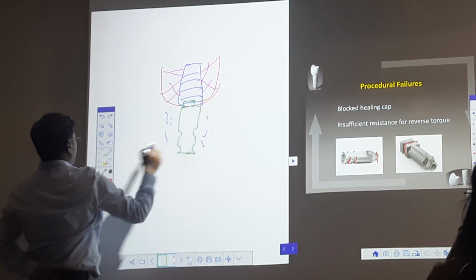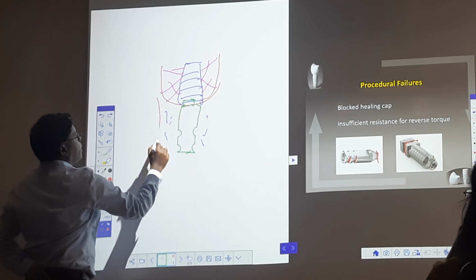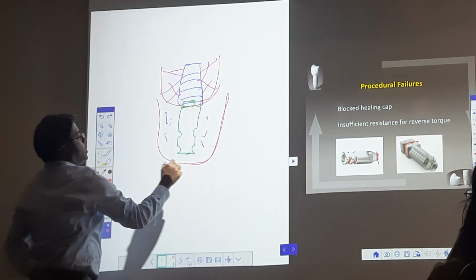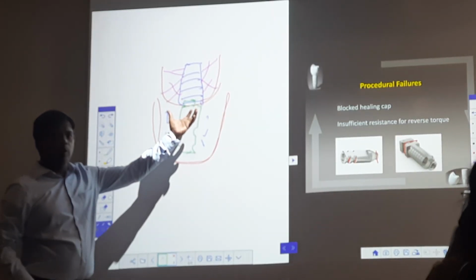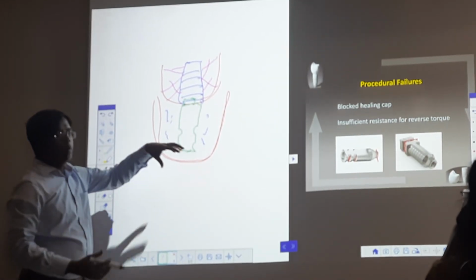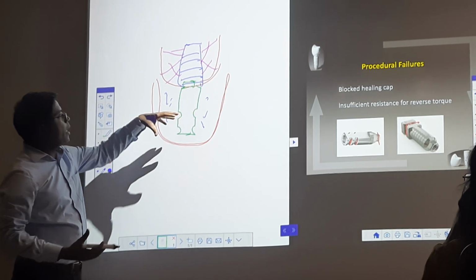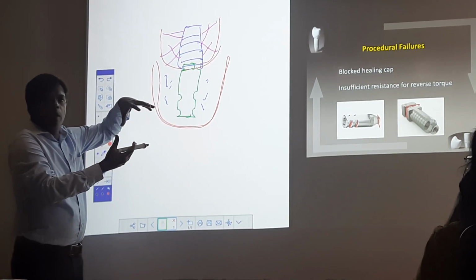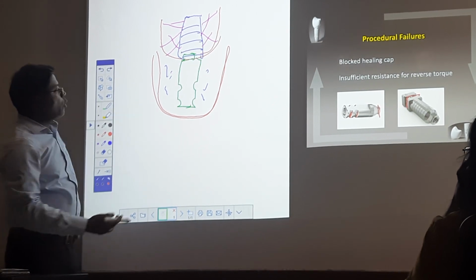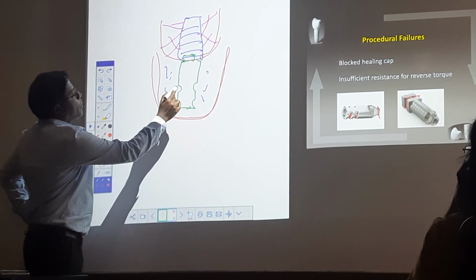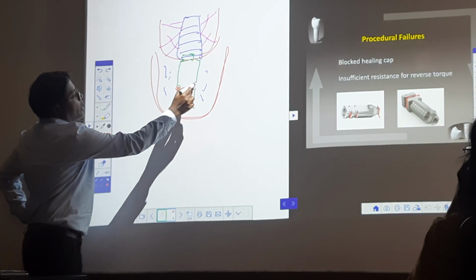This is the impression tray. I have put the impression post, and rubber base putty I have placed. Now I am taking it out. While taking out, what happens? My rubber base putty is locking.